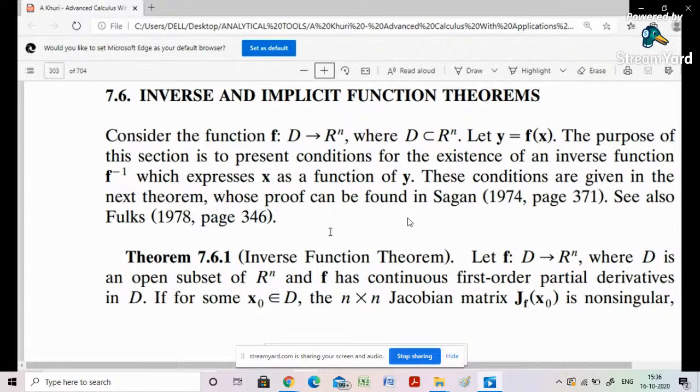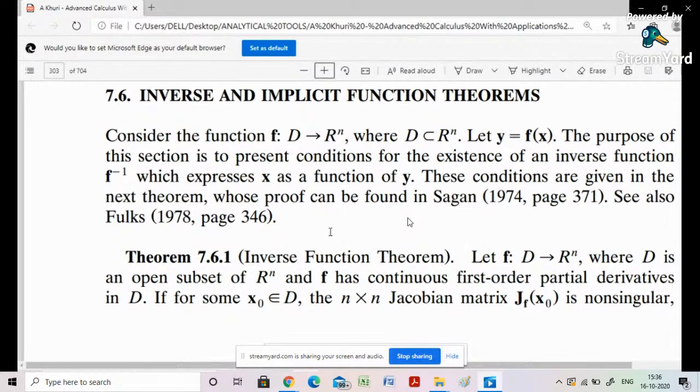The purpose of this section is to present conditions for the existence of an inverse function, so that we can find the inverse function from the given function. So there should be some conditions. Under what condition does the inverse exist? That is given through a theorem, usually called the inverse function theorem.